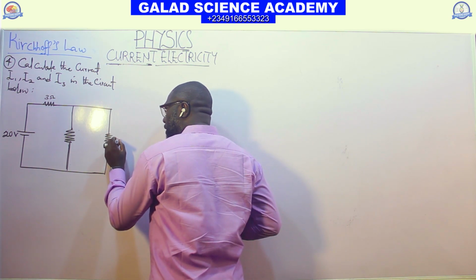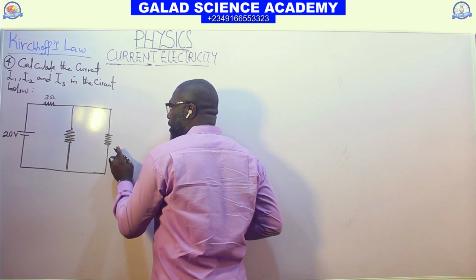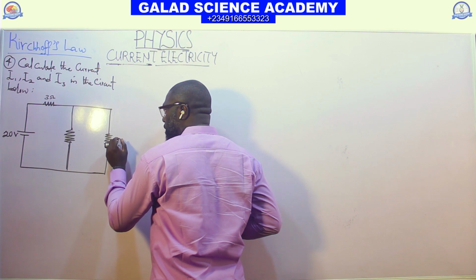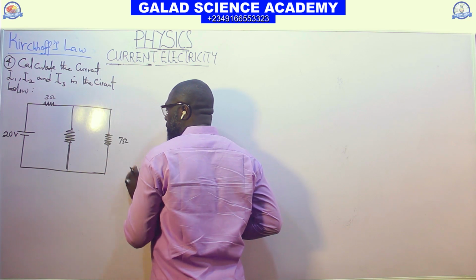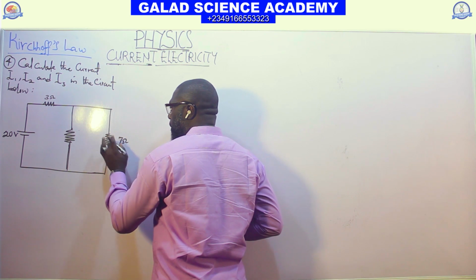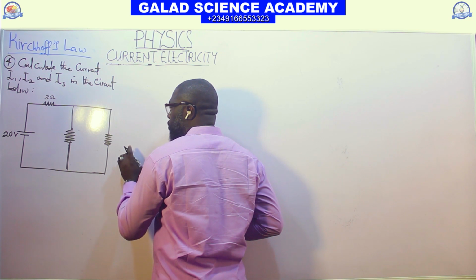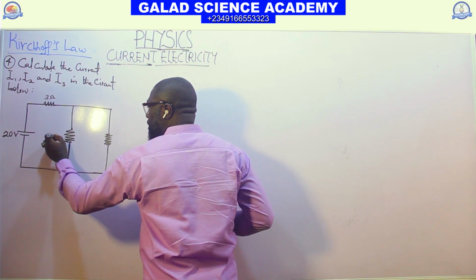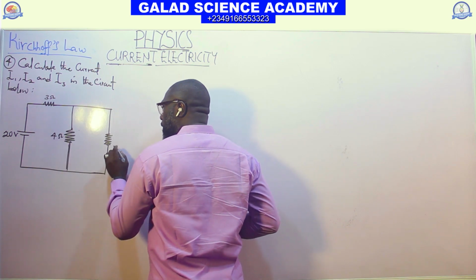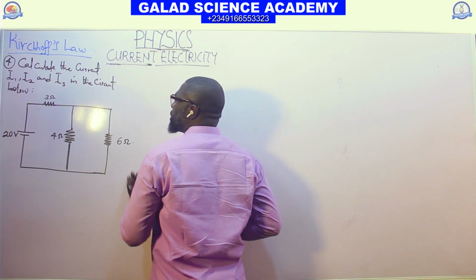The resistor we have, call it 7 ohms. Okay. Let me say this place is 4 ohms. And this place, let me call it 6 ohms.